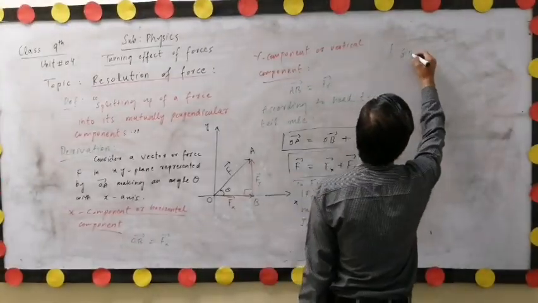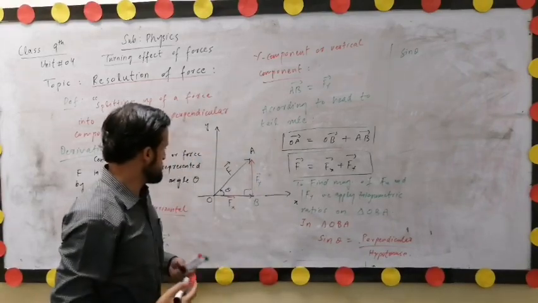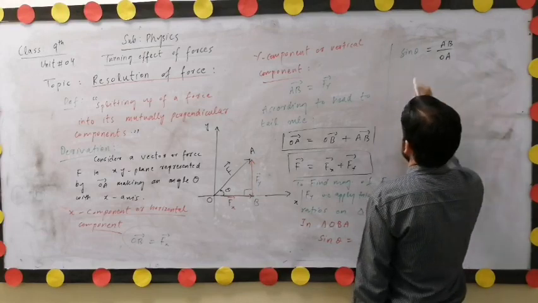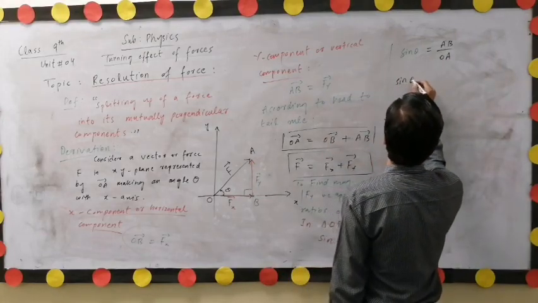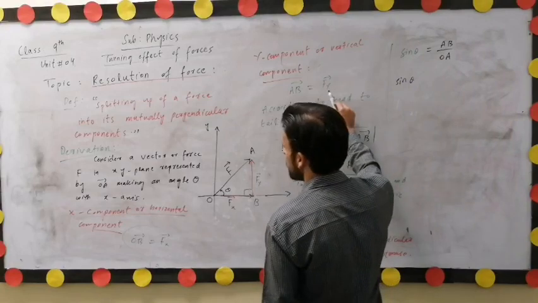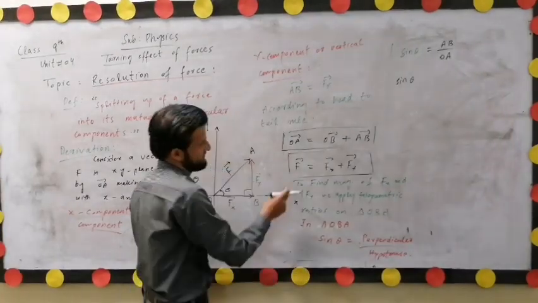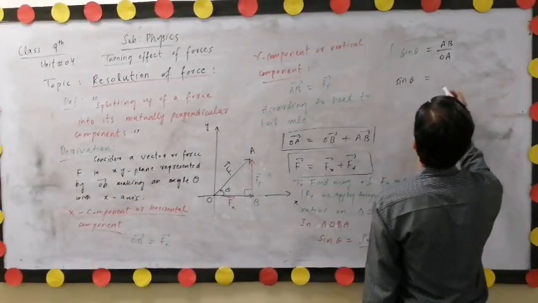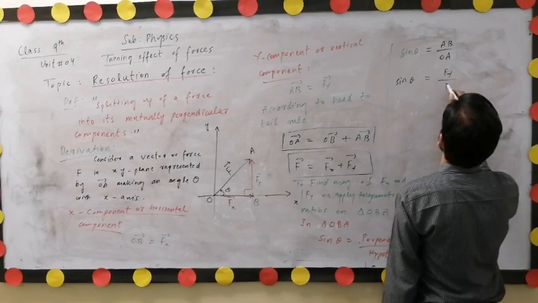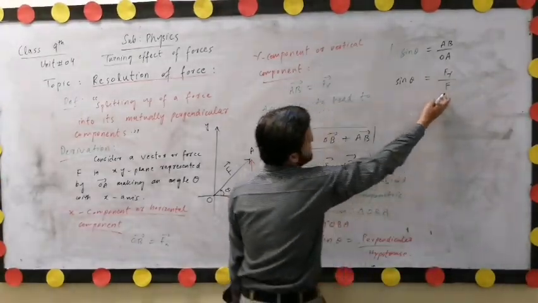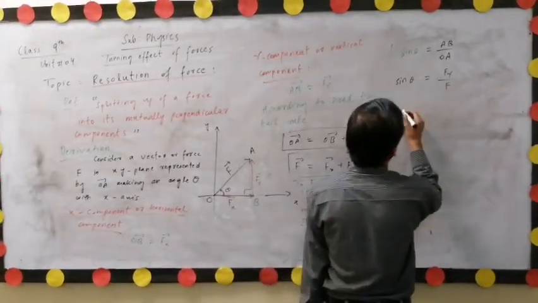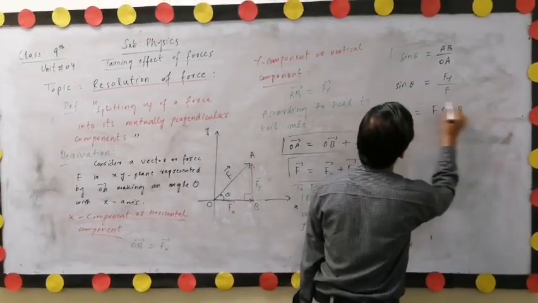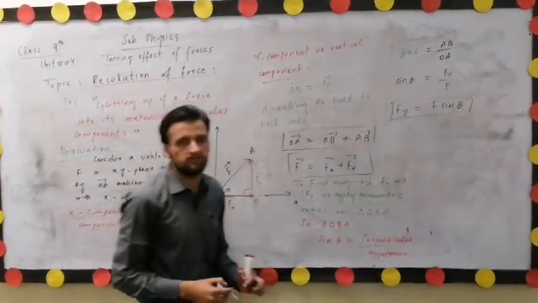So sine theta equals AB over OA. AB is our Fy and OA is our force F. So sine theta equals Fy over F. Moving F to the left side, it is multiplying. Then from the above equation, Fy equals F sine theta. This is the magnitude of the vertical component of the force.